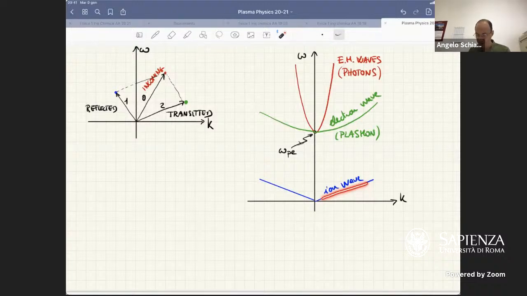So this is the part where the group velocity and the phase velocity of the wave are the same. And we call these waves, in analogy to what usually happens in matter, phonons.